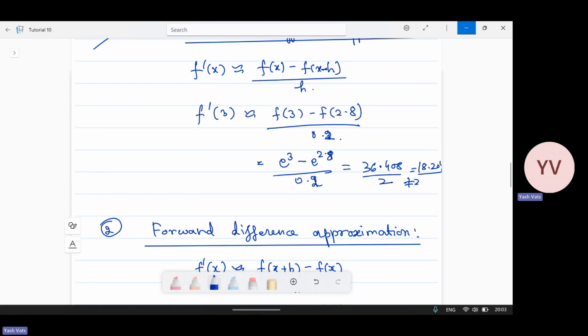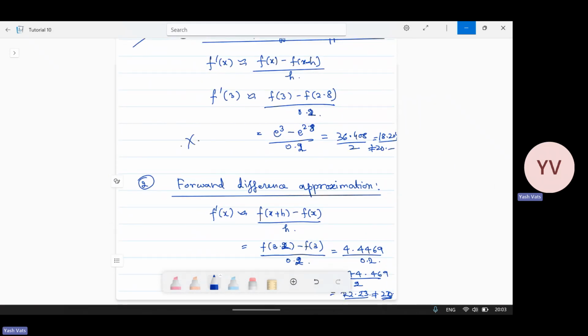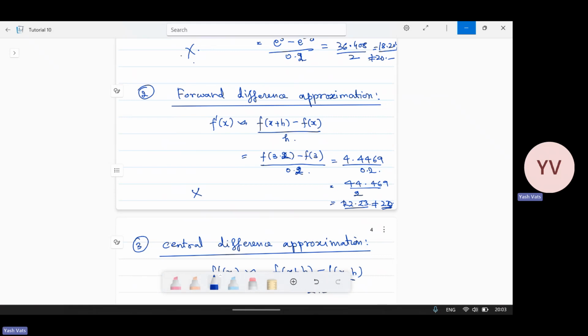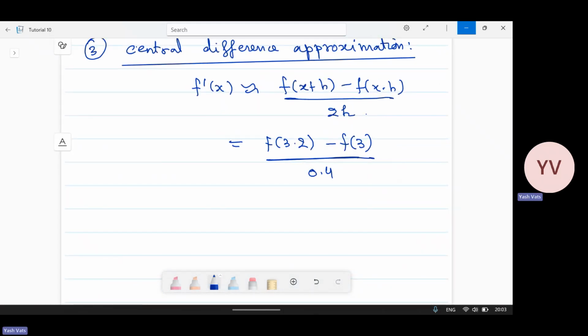It is not same as 20 point something, right? So it's not correct. This is not correct. This is not correct. This seems to be correct.